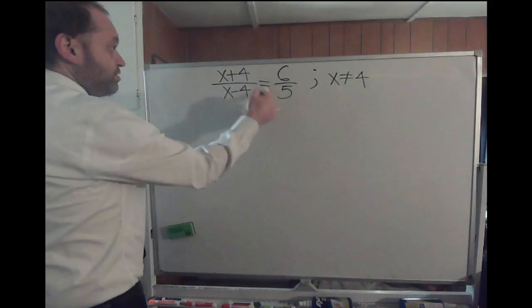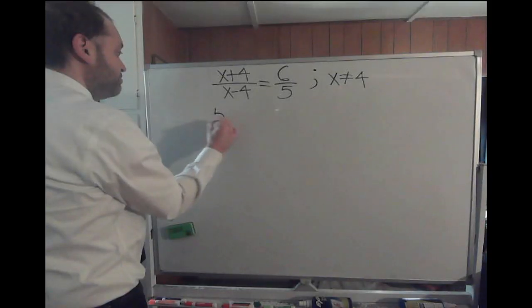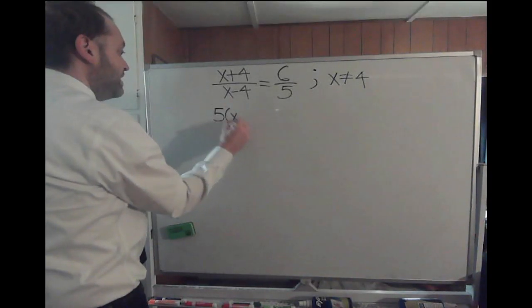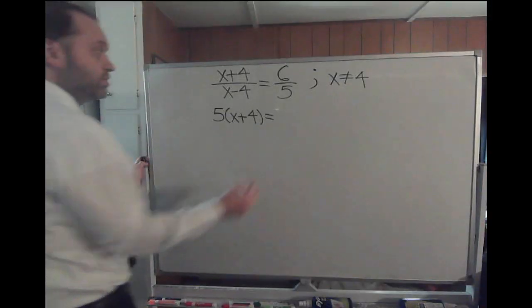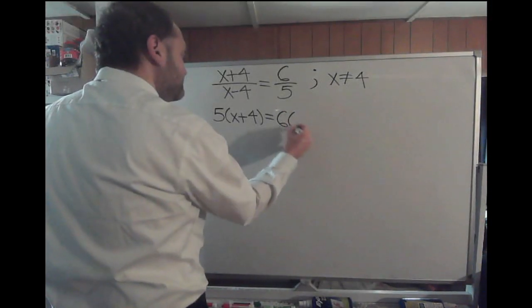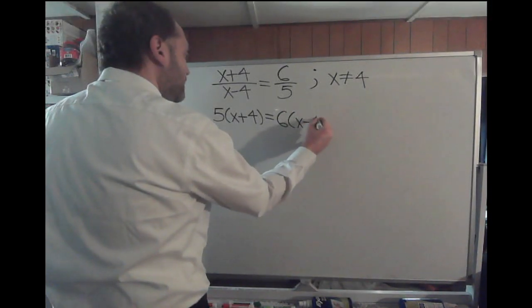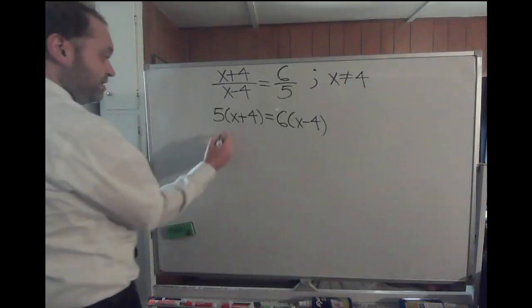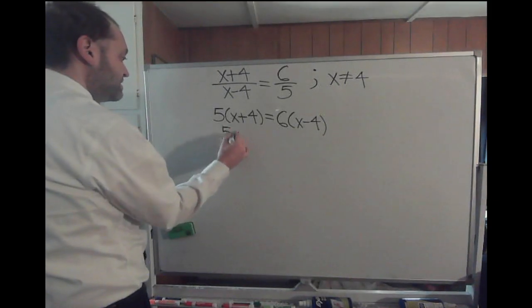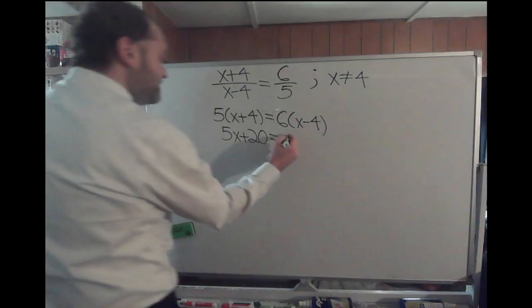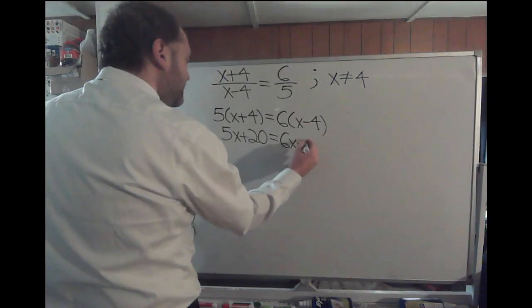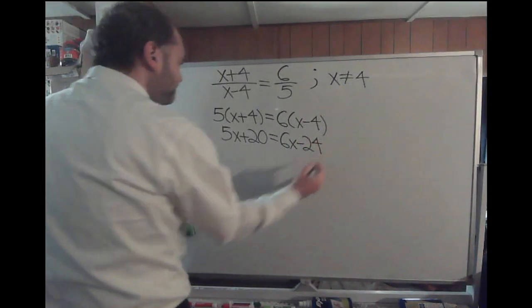So now take the product of your means, which would be 5 times the quantity x + 4. Set that equal to the product of your extremes, which would be 6 times x - 4. Do the distributive property, you'll get 5x + 20 is equal to 6x - 24.